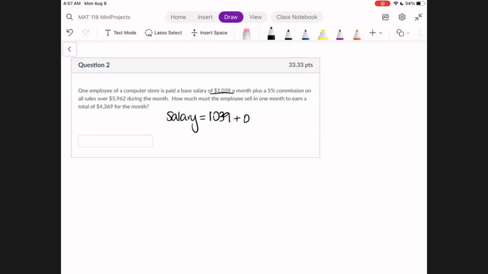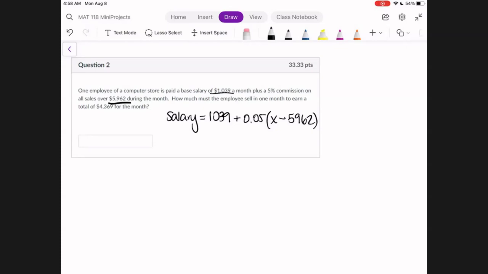So we're going to add 0.05 times, what's the commission on anything over this amount? So if I sold 8,000, it would be the difference in those two numbers. If I'd sold 5,970, then it would only be $8 because that's how much is over that amount. So this would be x minus 5,962.